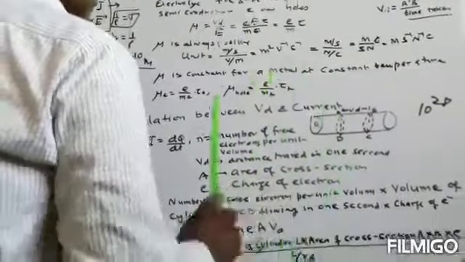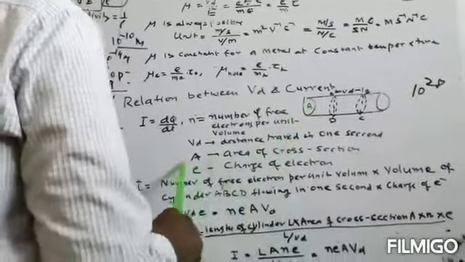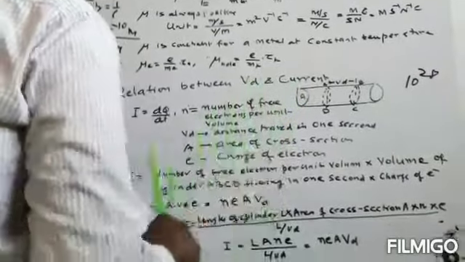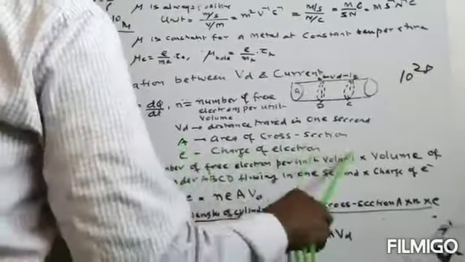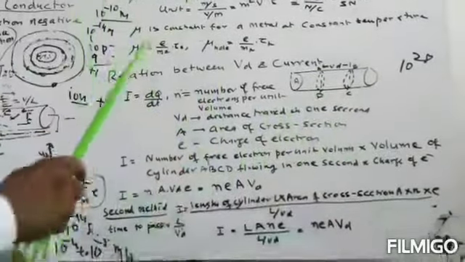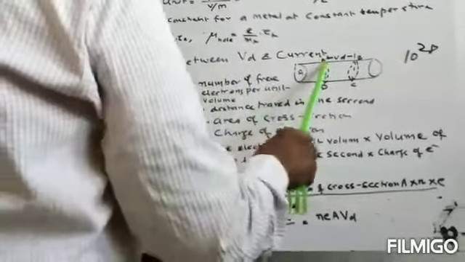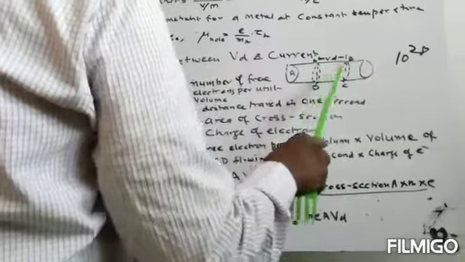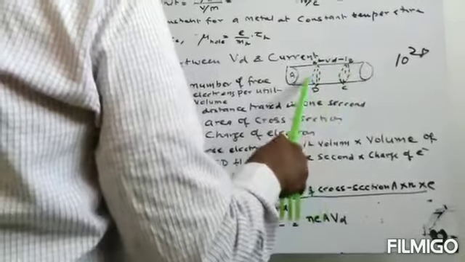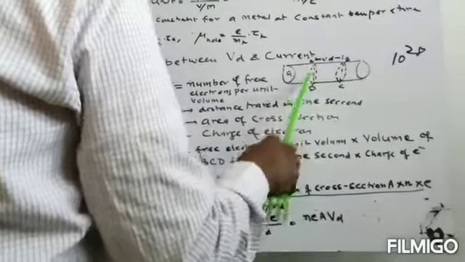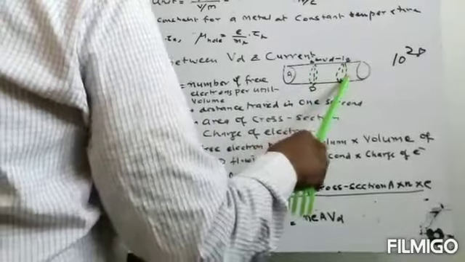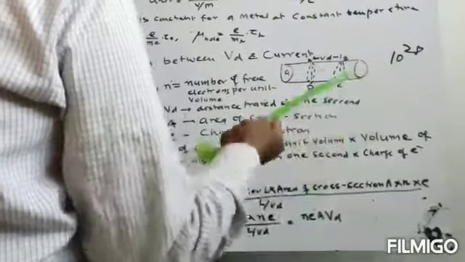Now Vd is the drift velocity, A is the area of cross section, and e is the charge. In 1 second the charge will enter from here and leave from here.